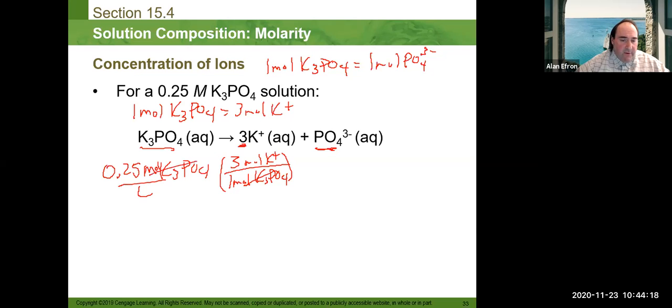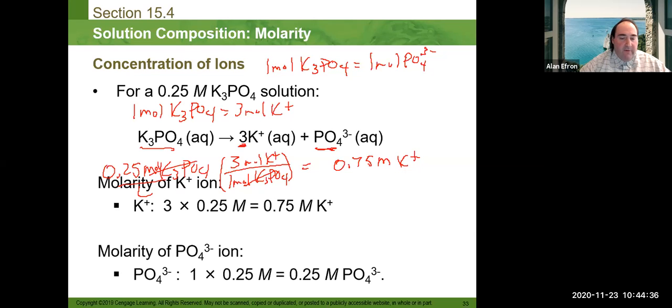The moles of the whole thing cancel. If we multiply by 3, we end up with 0.75 molar for the potassium ions. Doing the same calculation, we get a 1-to-1 relationship for our phosphate.